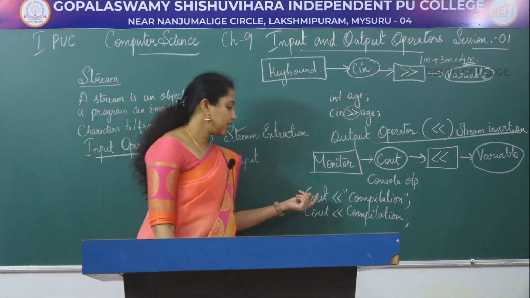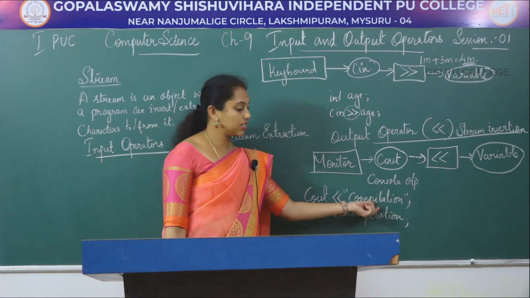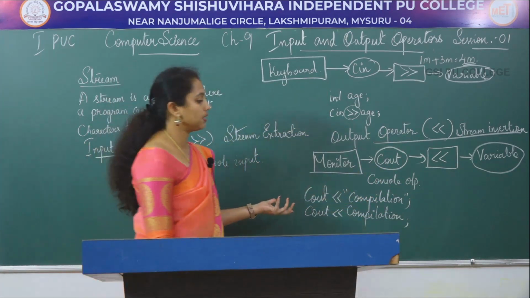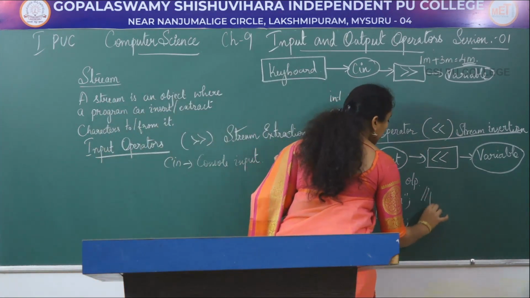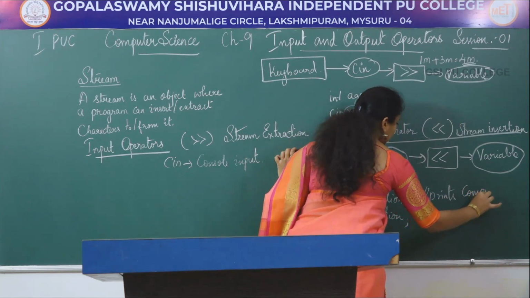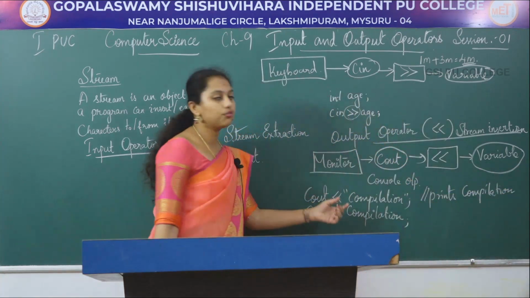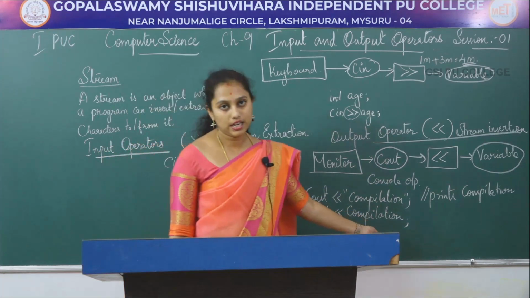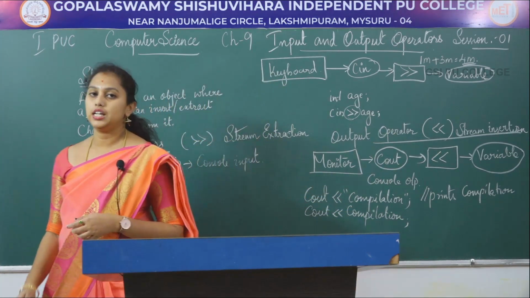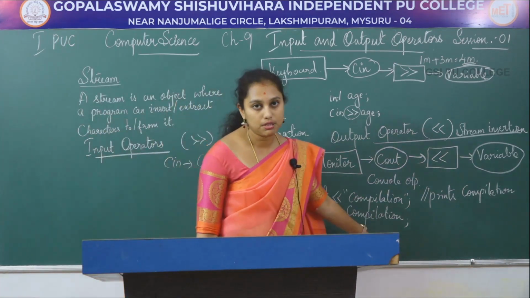In the first statement, cout with the string within double quotes prints compilation as it is. But in the second statement, it prints the value of the variable compilation. So this is the difference between these two statements.